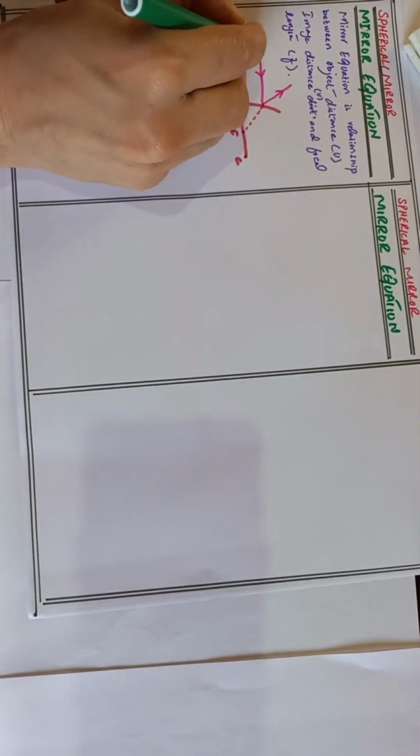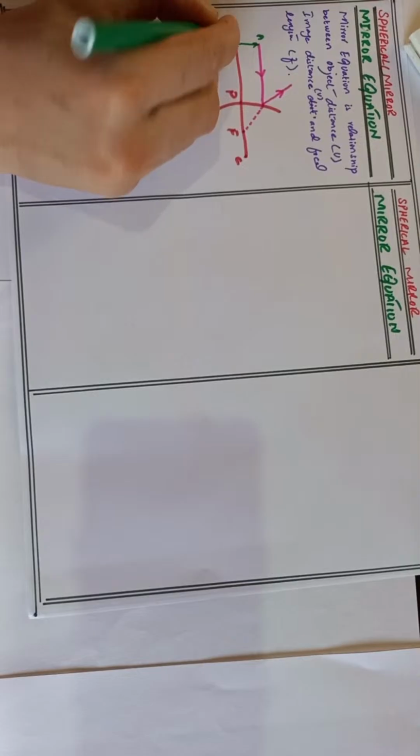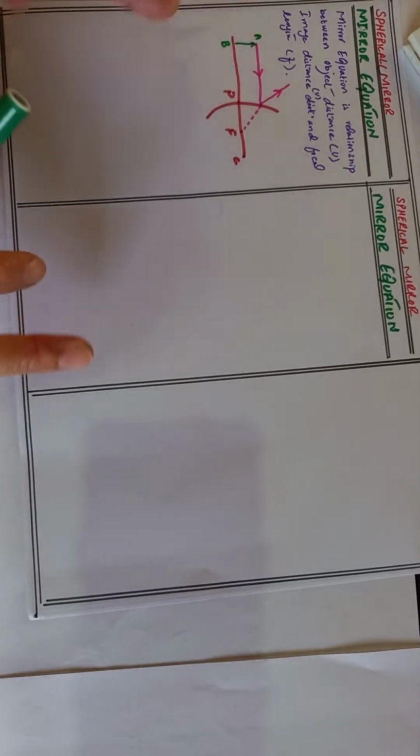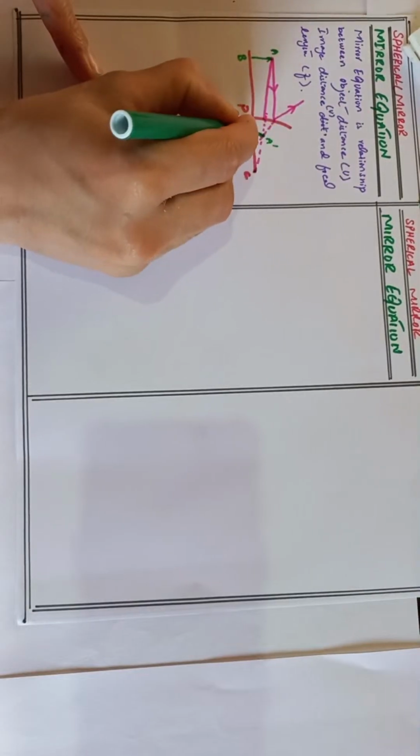This is the object AB. Now we take another ray that passes through the center of curvature. This is the meeting point of the two rays where the image is formed, that is virtual and erect, and formed behind the mirror.